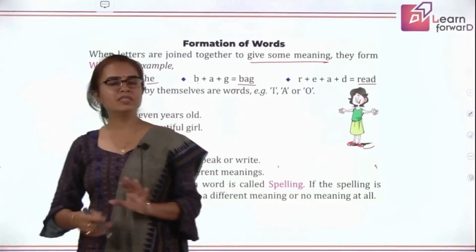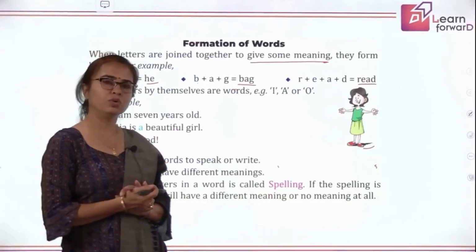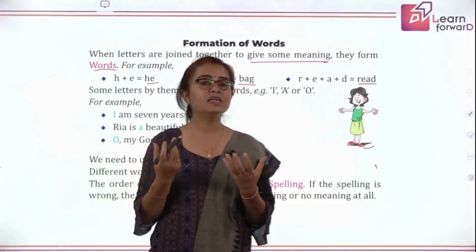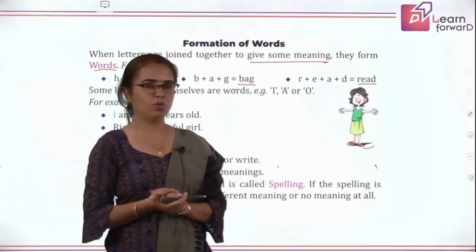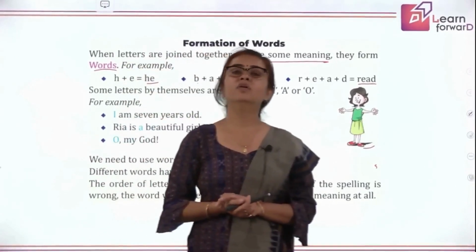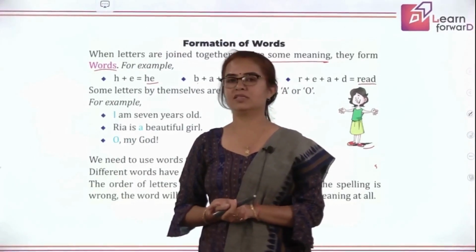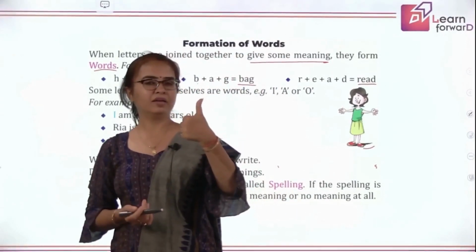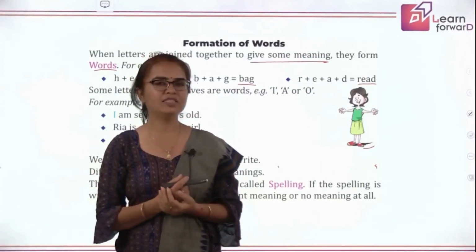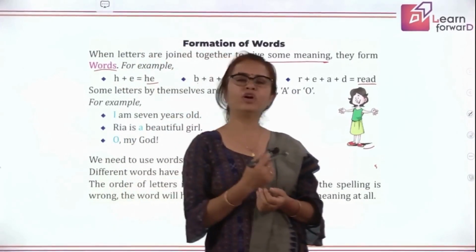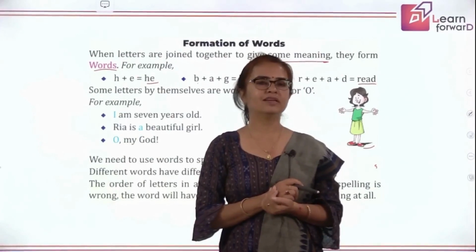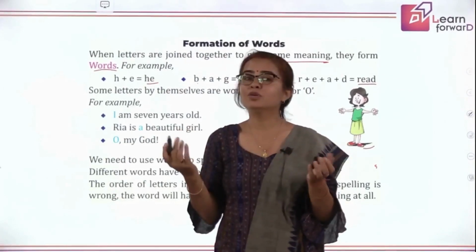Now, students, it's really very interesting to know that even some letters individually, on their own, stand like words. Yes. And those letters are I. When somebody talks of oneself, what is the word that you use? Yes, you say I am a good student.